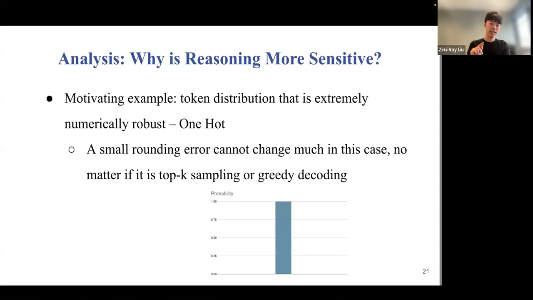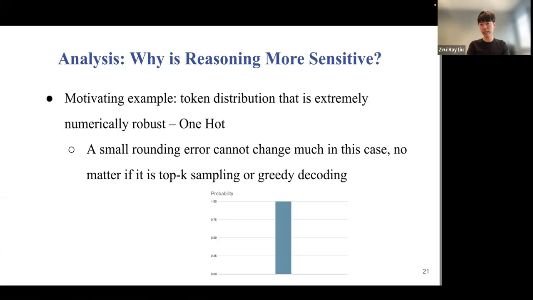In this case, even with numerical error, it only twists the distribution a little bit. The highest probability may drop to like 98%, and all others share the remaining 2% of the probability. But if you sample from this distribution, the chance is still very high that you get the same result, right?